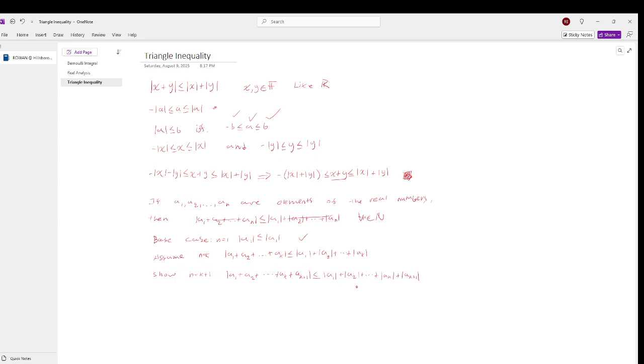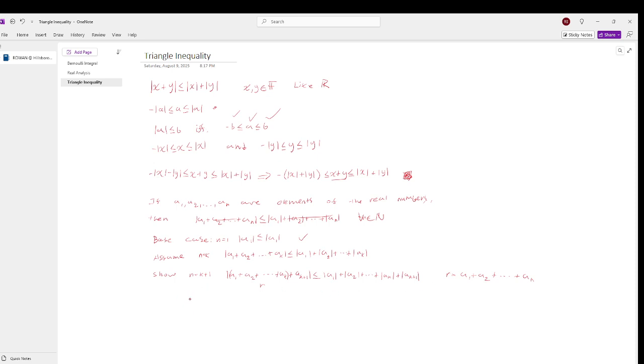We're showing this. So the first thing I'm going to do is put this original thing in parentheses and call it r. So r equals a1 plus a2 plus dot dot dot plus ak. You know that's just some real number, so I'm just going to call it r.